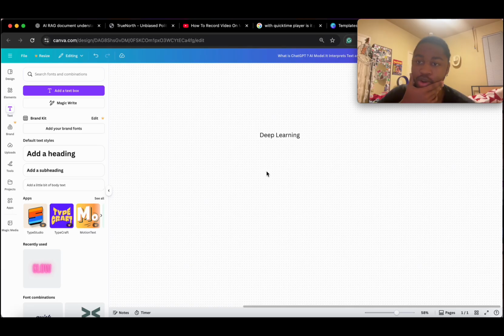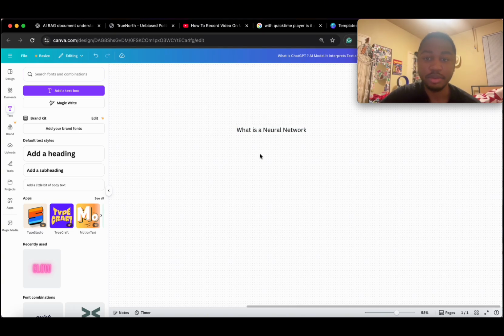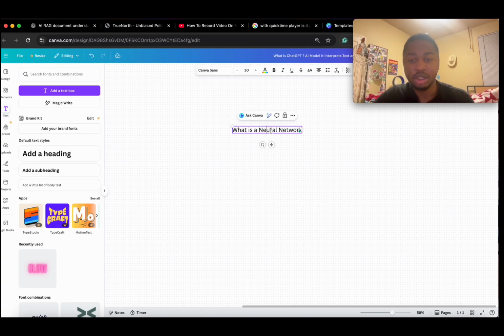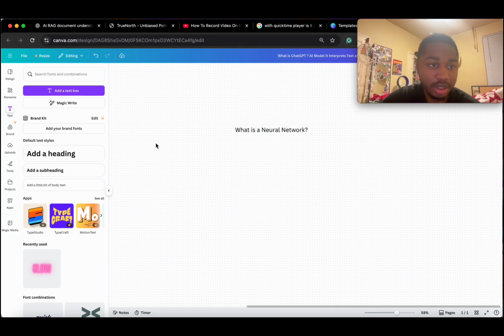So, deep learning is models based from the neural network architecture. What is a neural network? I guess we should ask that. Neural network. What is a neural network?